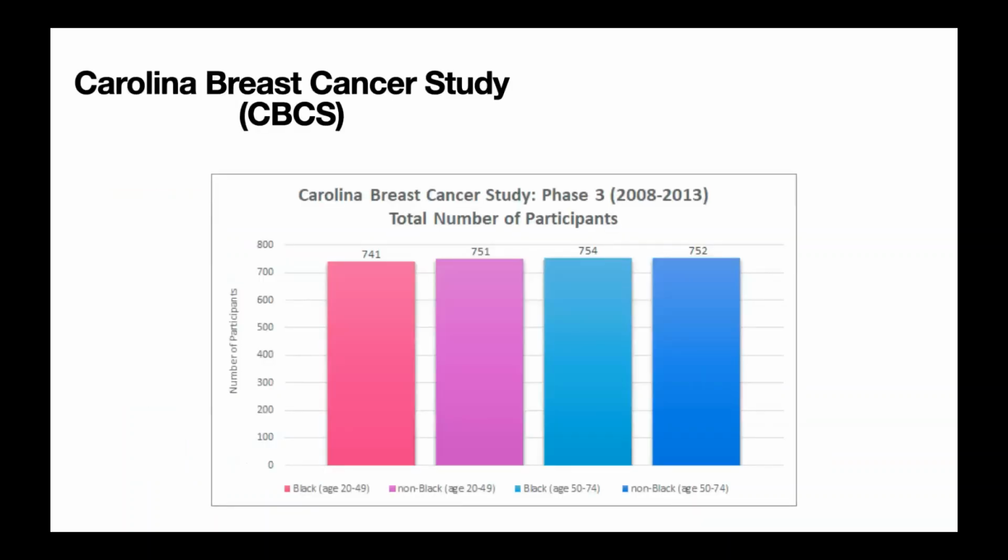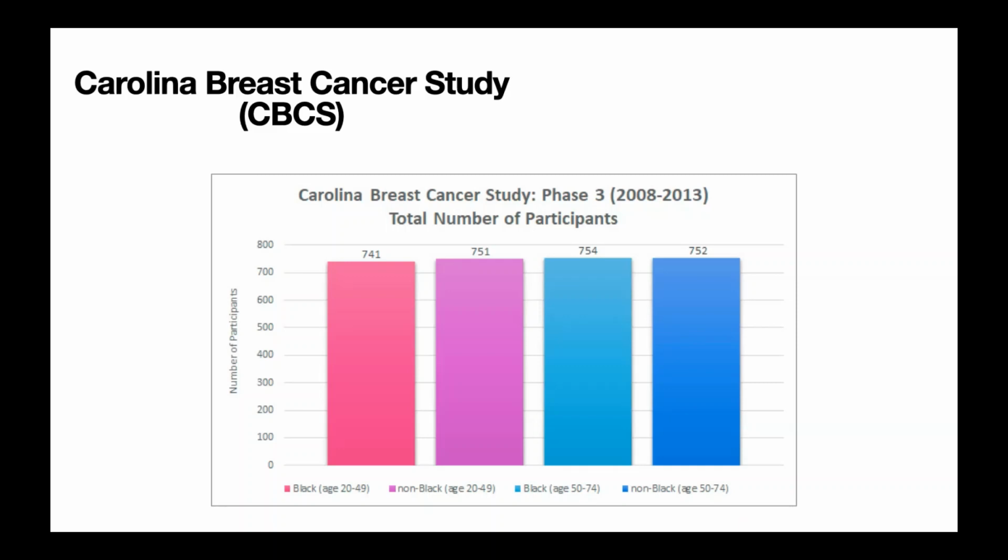So here I have the total number of participants in a 2x2 grid. So there's women with breast cancer enrolled in this study. There's multiple phases, and this focuses just on the most recent phase, which was 2008 to 2013. And as you can see, the sampling was designed on purpose to equally represent Black women with breast cancer.